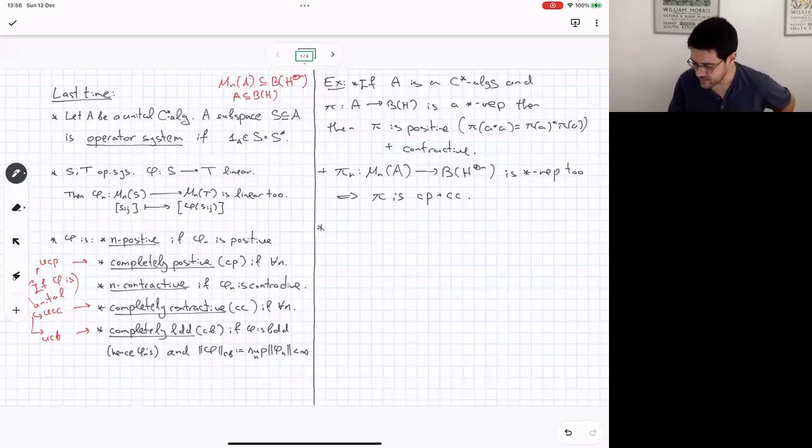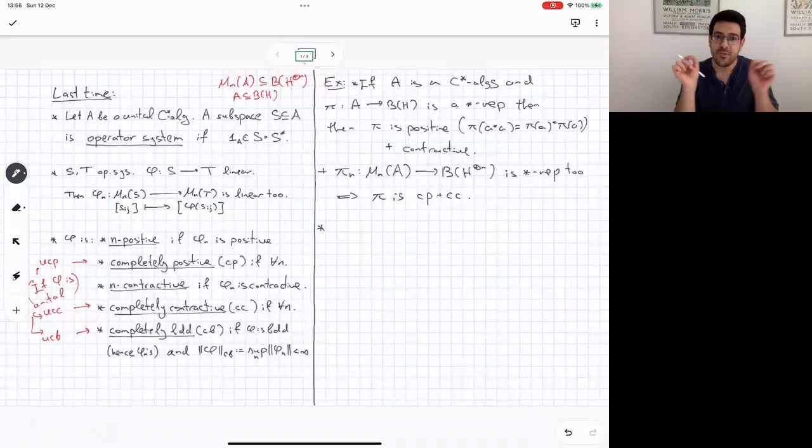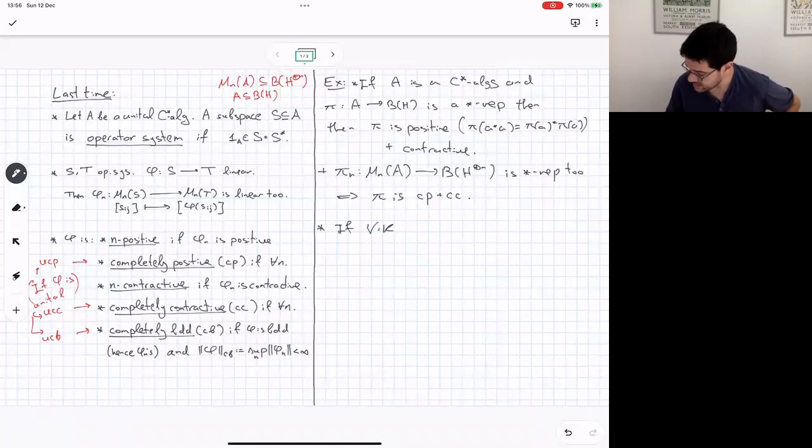Second example. So I'm going to do something to the first example. Let's assume now... okay, maybe in the last example, let me add just one comment.